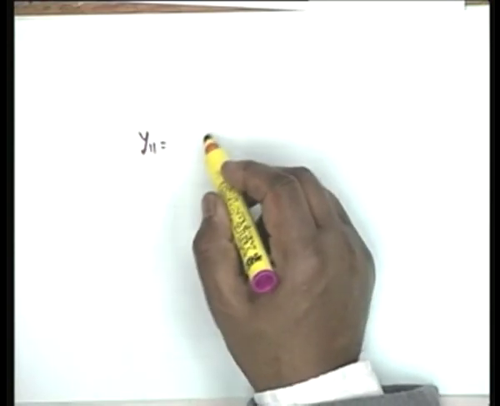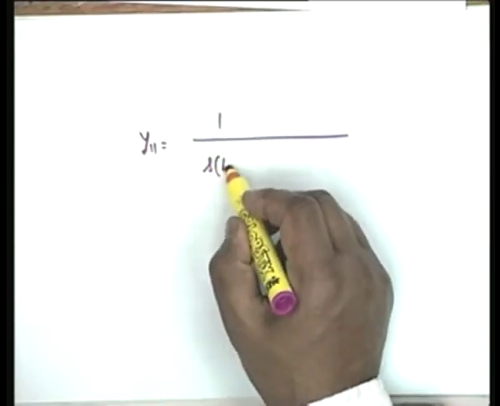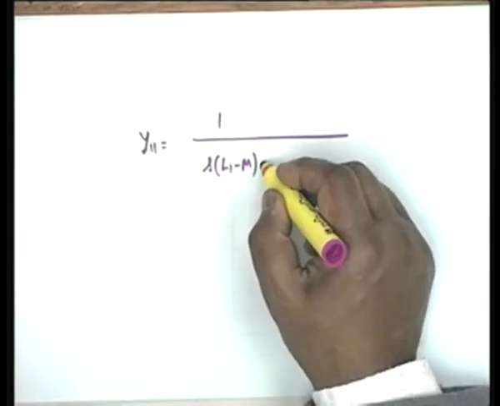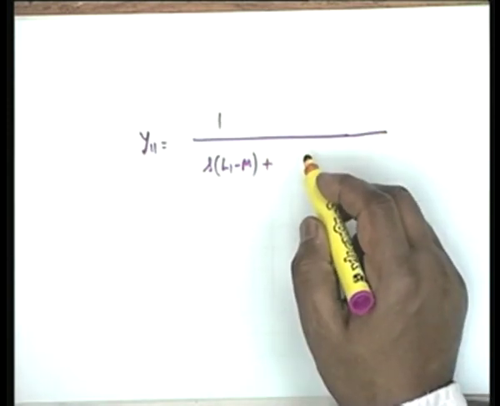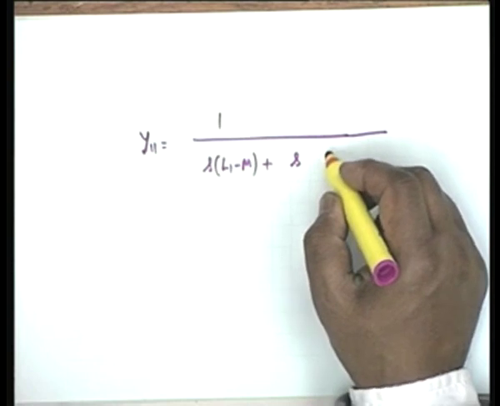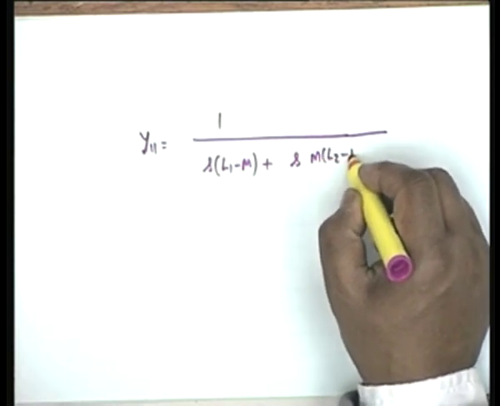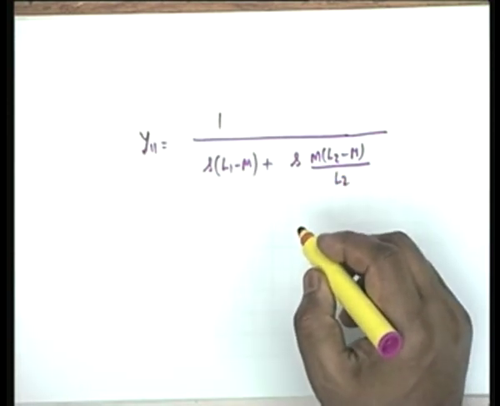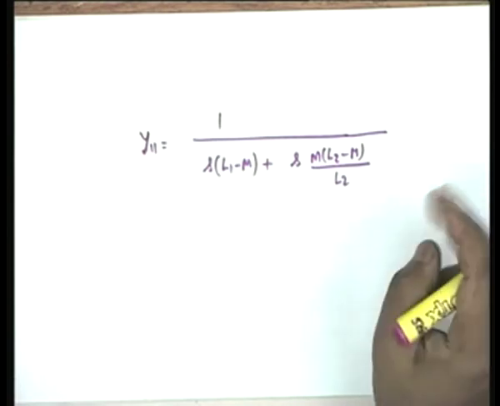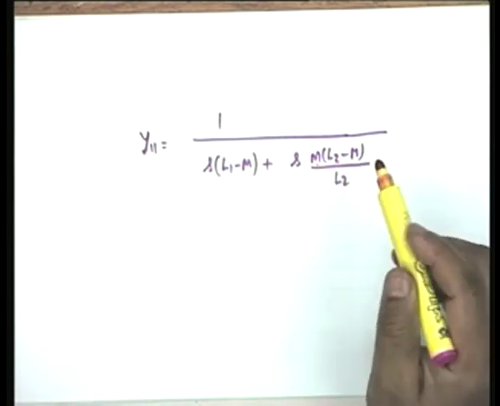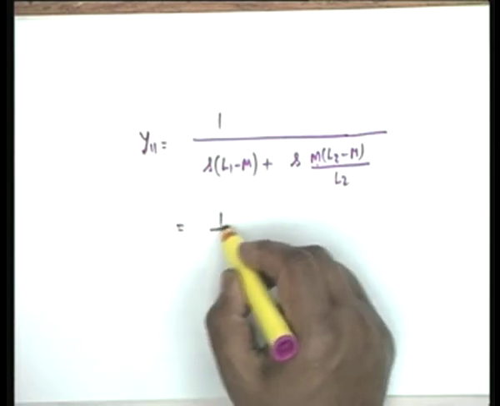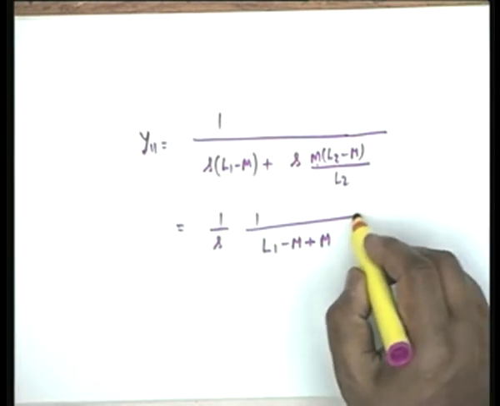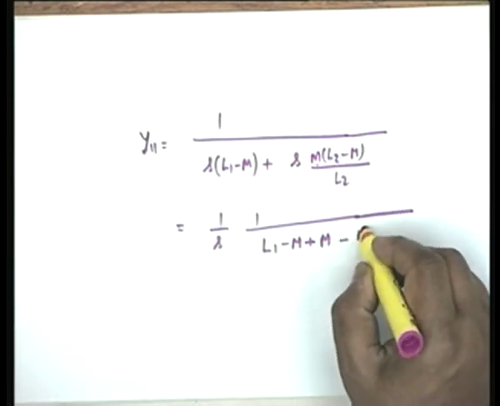Y11 shall be equal to 1 over S L1 minus M, plus the parallel connection of M and L2 minus M. The parallel connection of two inductances is L1 L2 divided by L1 plus L2, therefore this is 1 over S times L1 minus M plus M times L2 minus M over L2, that is, minus M squared by L2.